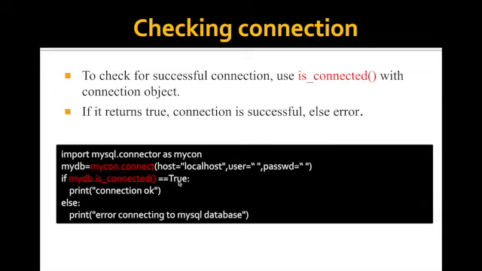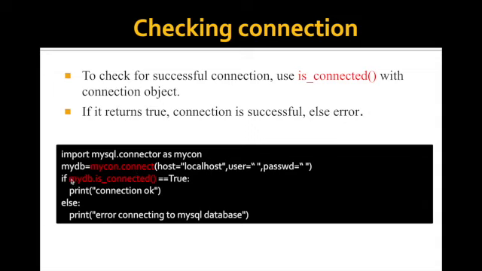If the connection is proper, it returns 1, and 1 means positive. For checking the connection, we use the is_connected method. If it is true, that means the connection is successful; otherwise, it shows an error. So normally, first write the package import, then use the connect method for connecting with the database, then check whether it is connected or not.